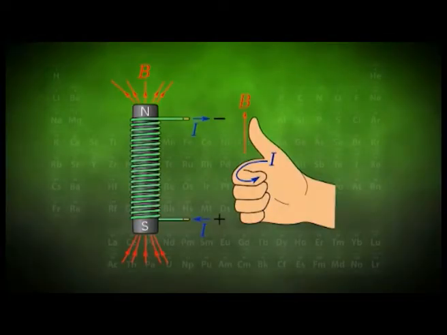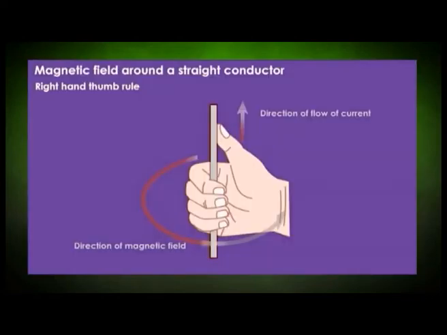Charged particles on moving, when they frame a loop, create a magnetic field. This you all know. Magnetic field is a vector quantity and the direction of the field is governed by the right hand thumb rule. That is, if the direction of current is pointed by your right hand thumb as shown in the figure, then the direction of the magnetic field will be circling in the direction of the rest of your fingers as shown in the diagram.